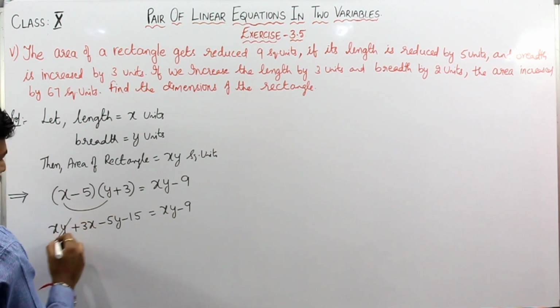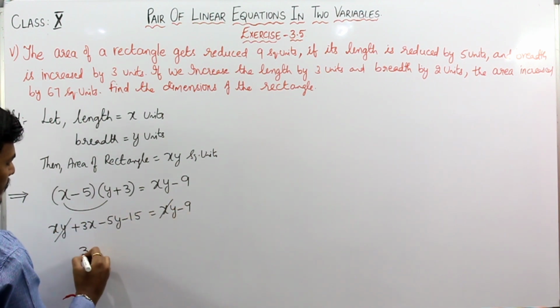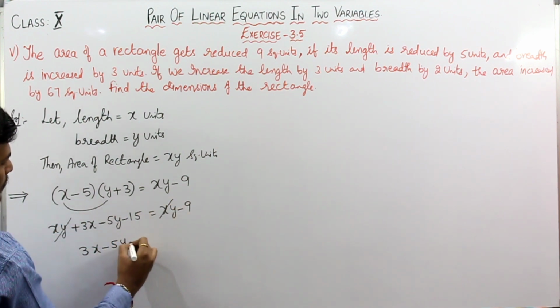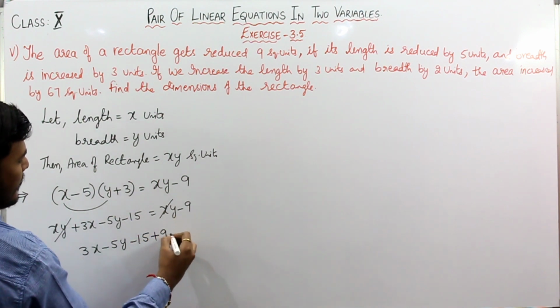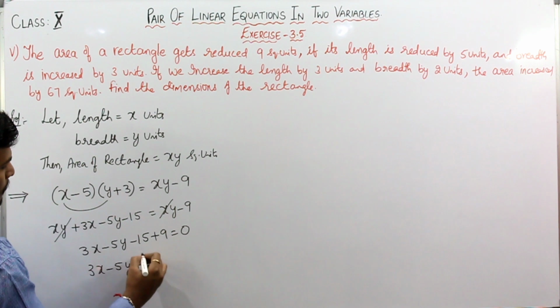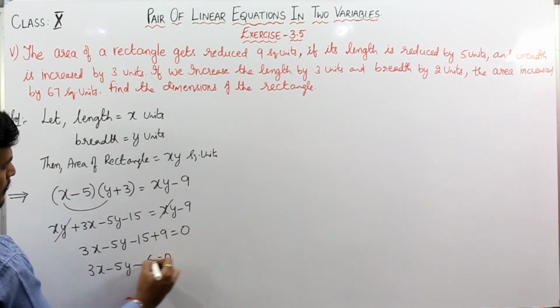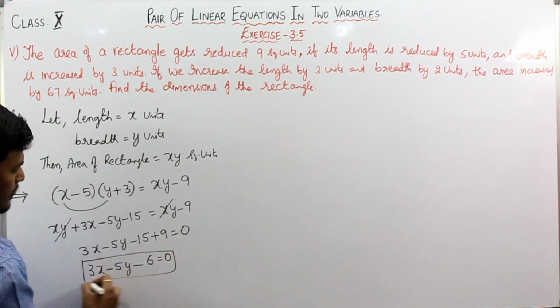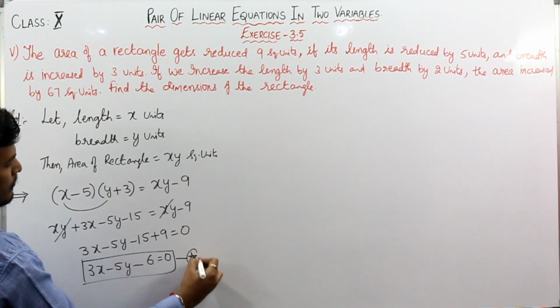So on both sides xy gets cancelled, you are left with 3x minus 5y minus 15 plus 9 is equal to 0. From that, 3x minus 5y minus 6 is equal to 0. This is the first equation.